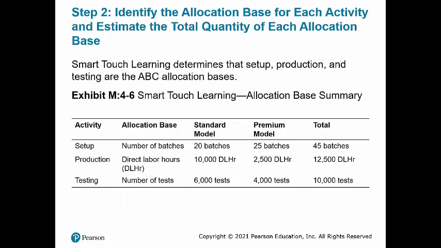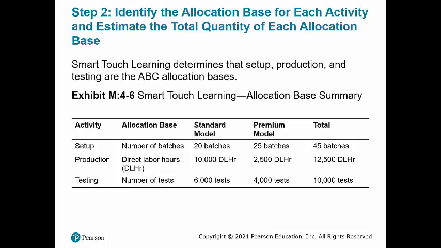In step 2, they identify the allocation base and then estimate the total quantity of each allocation base. As we saw on the previous slide, they identified the number of batches for setup. They estimate the number of batches for the standard and the premium model, add those together, and determine that the allocation base for setup will be 45 batches.